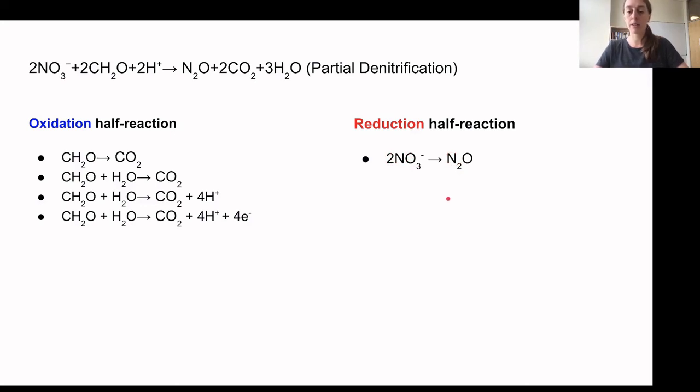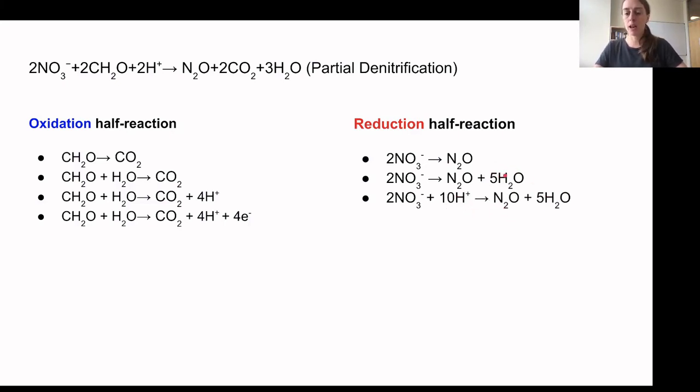So now we need to balance out our oxygens, and we do that by adding water. So we had 3 oxygens here and 1 oxygen here. We had 2 times 3 oxygens here, which is 6, and 1 oxygen here. So we need to add 5 waters to make 6 total oxygens on this side.